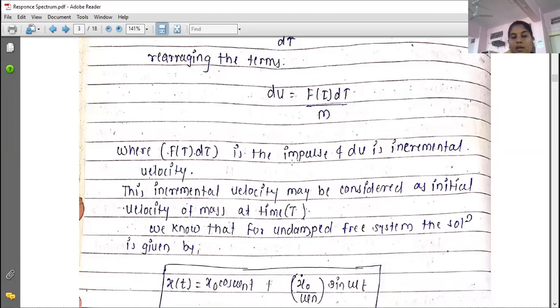Below this, the incremental velocity may be considered as the initial velocity of the mass at time t.